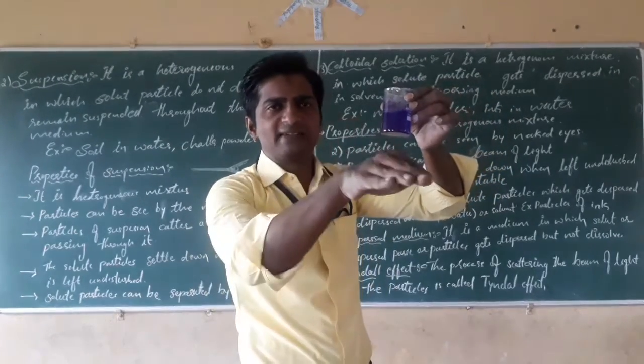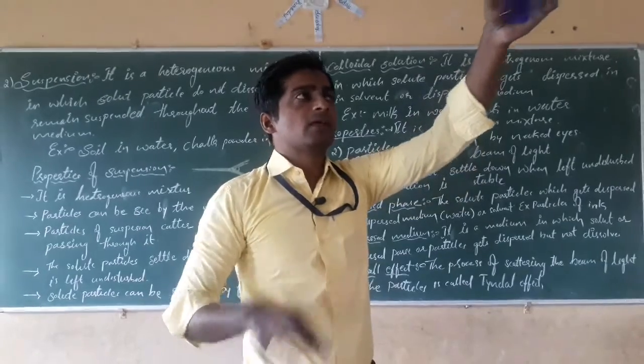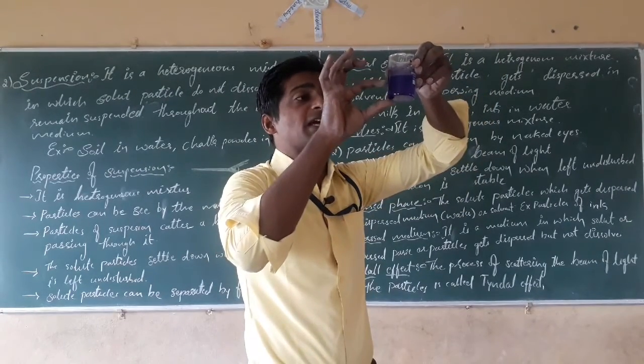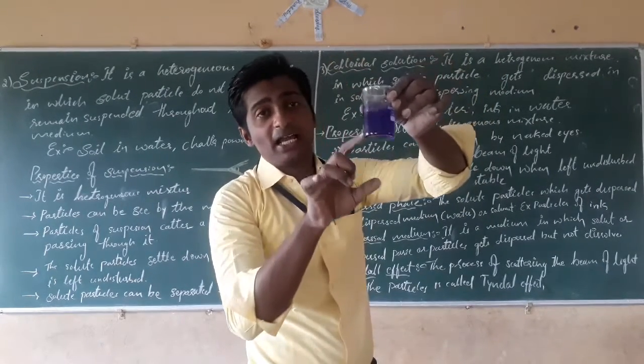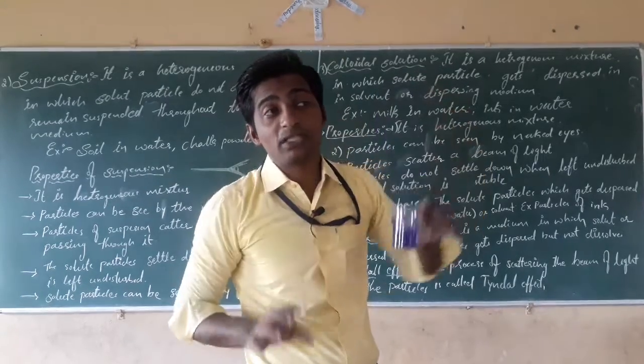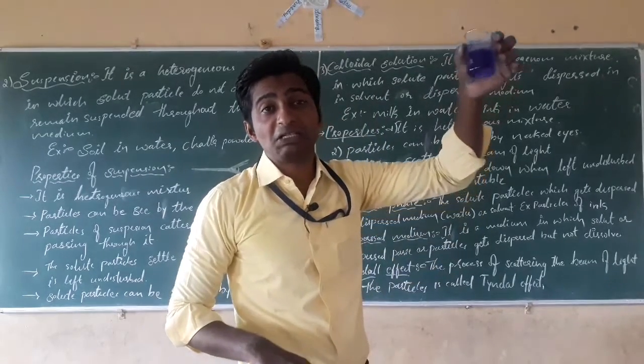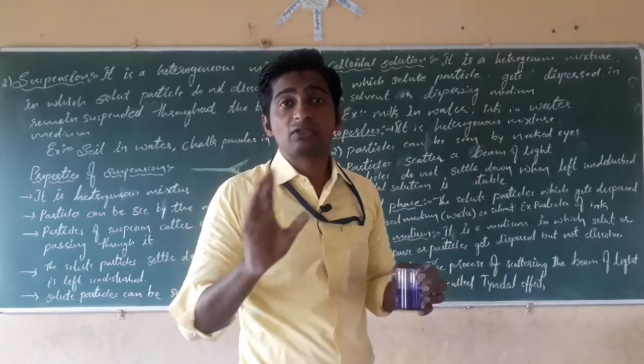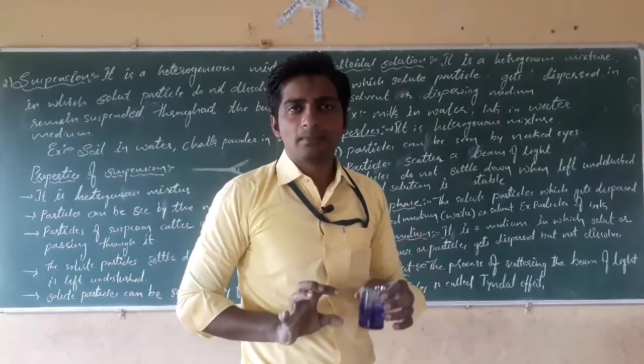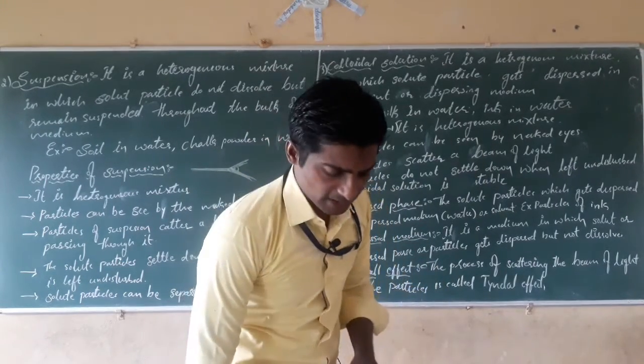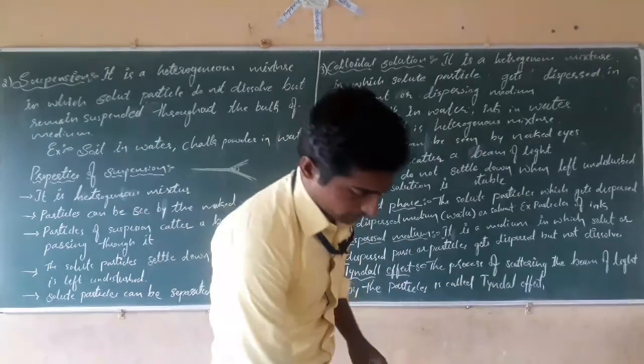It will disperse. When we keep it undisturbed, the milk particles or the ink particles will not settle at the bottom. If we keep it for 1 day, 2 days, 3 days, even a month, it will not settle at the bottom. See here, this one is a type of mixture.